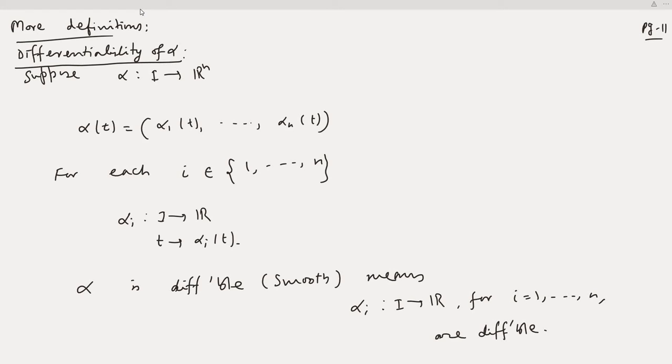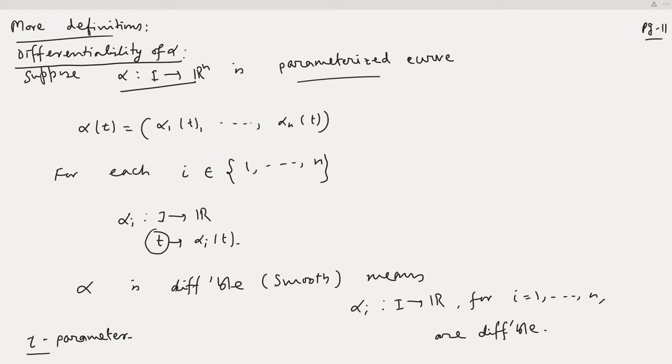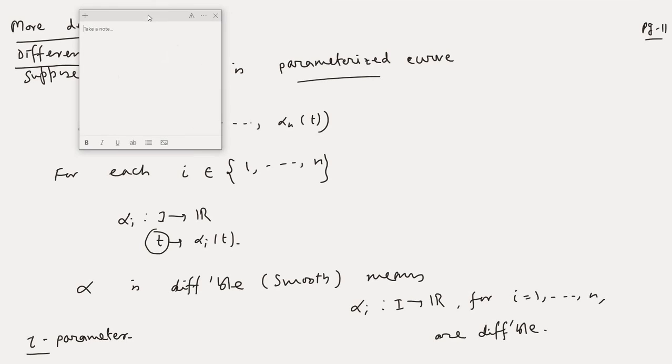And here t is the parameter, suppose this is a parameterized curve. So where is the parameter? t is the parameter. Next page is page 11.